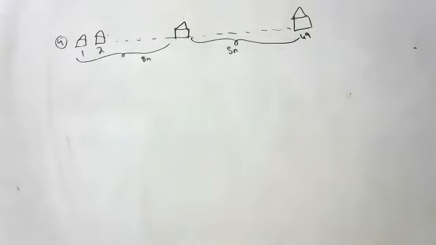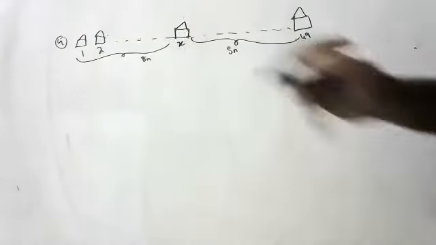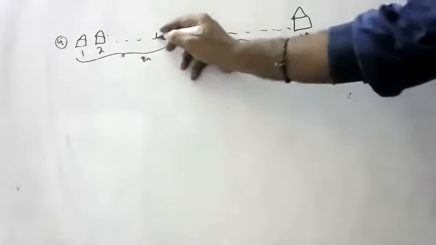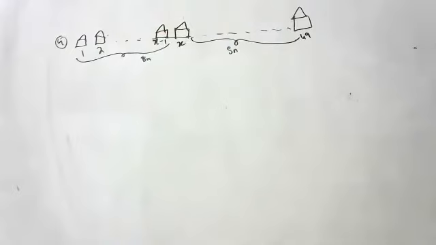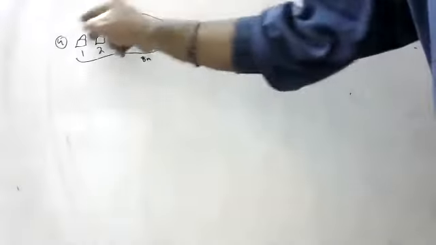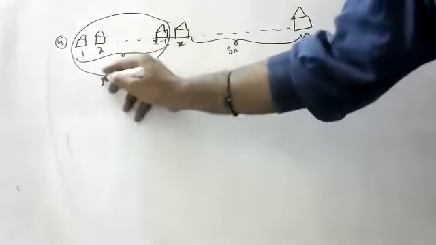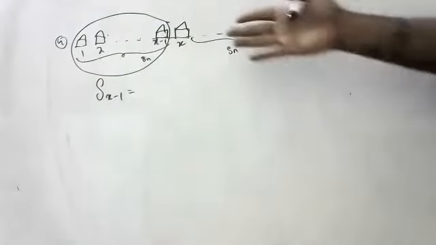Sir, can I try? Who will try? Srideep, sir. Let this house number be x. So the house before will be x minus 1. S x minus 1, the sum of the first x minus 1 houses, will be equal to this one.